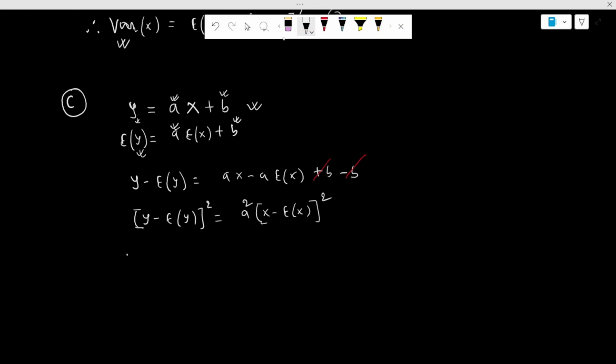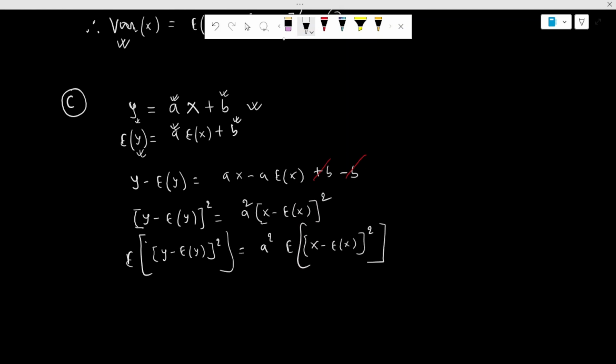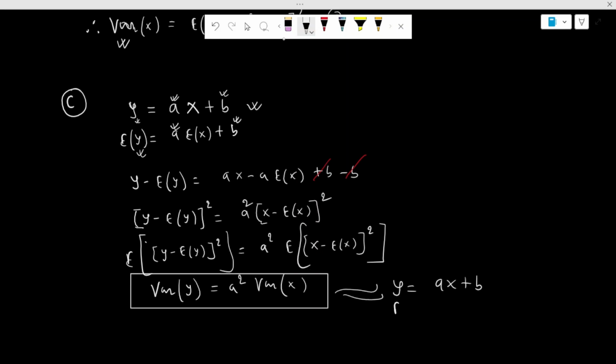Now let us take the expectation on both sides. Here a is a constant, so this is a square, and then the expectation of, if we compare it with our previous formula, this is equal to the variance of y, which is a square times the variance of x. For the sake of comparison, let me write it once again.